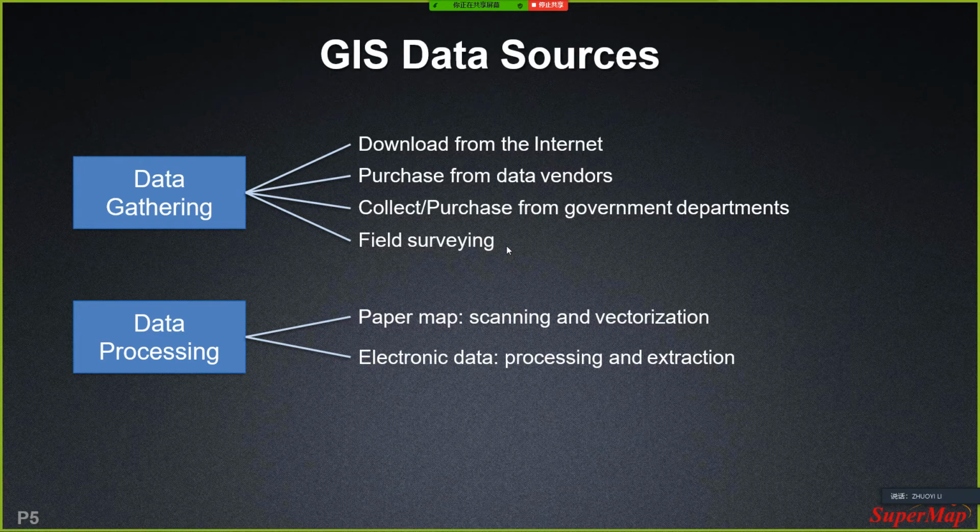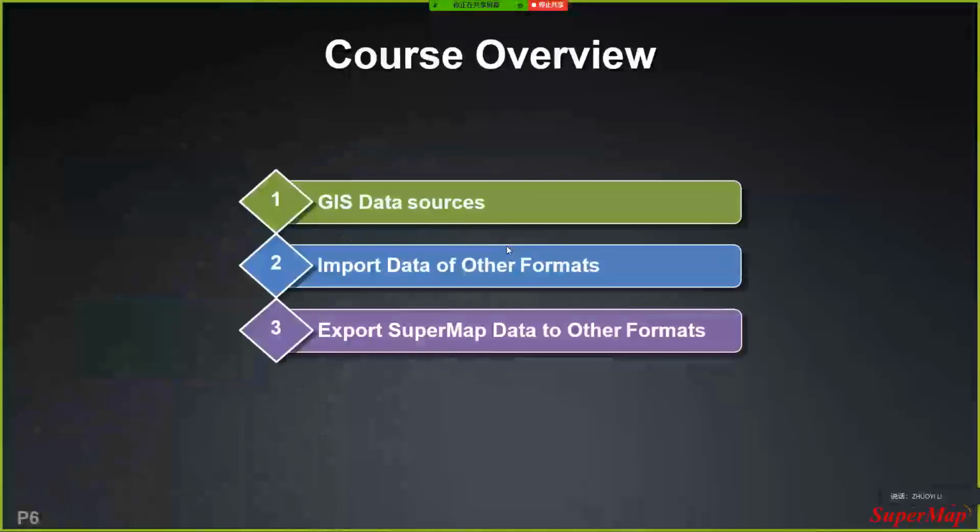When we get some data, we should do some processing. For the paper map, we can scan it and vectorize it. For the electronic data, we should process and extract this data in an iDesktop platform, such as SuperMap iDesktop. First, let me introduce how to import data of other formats.